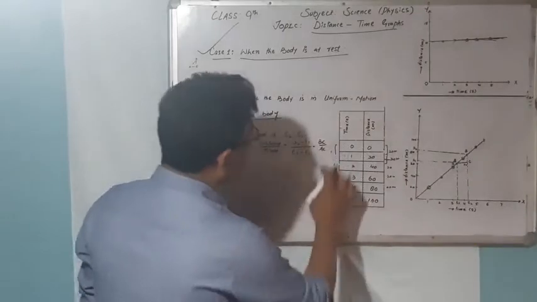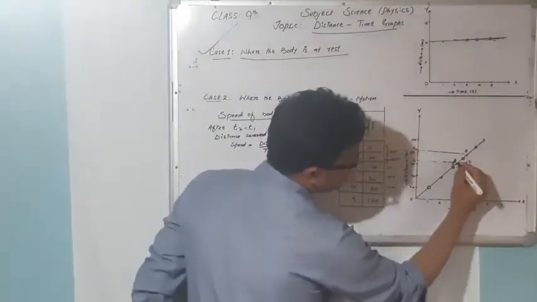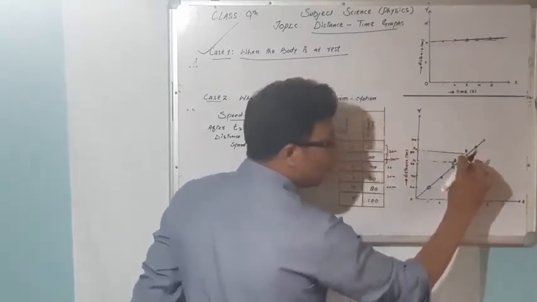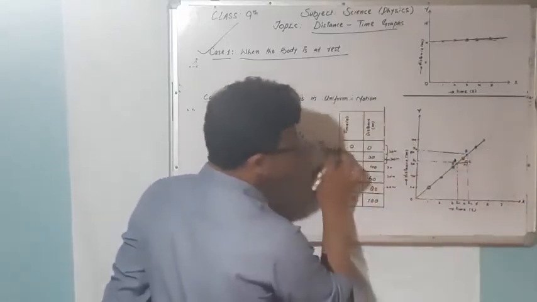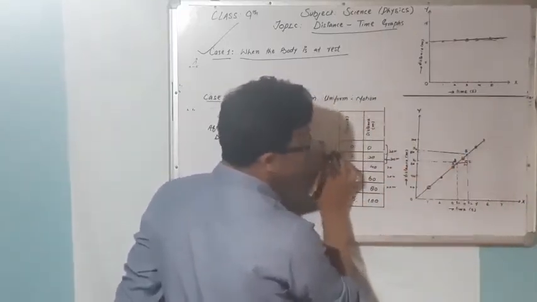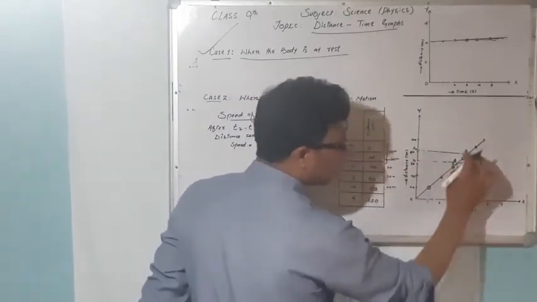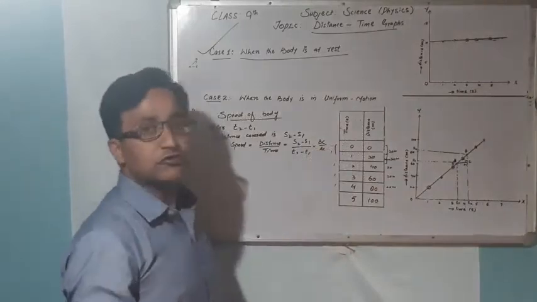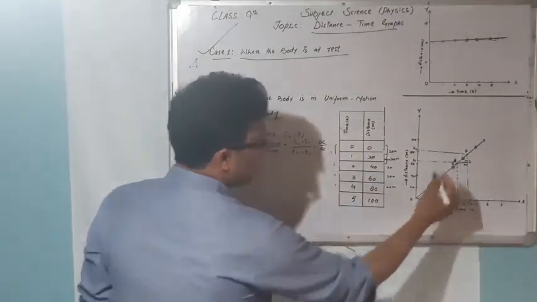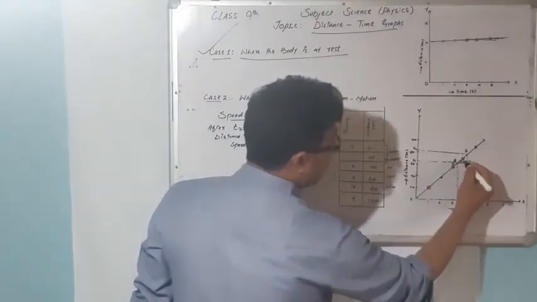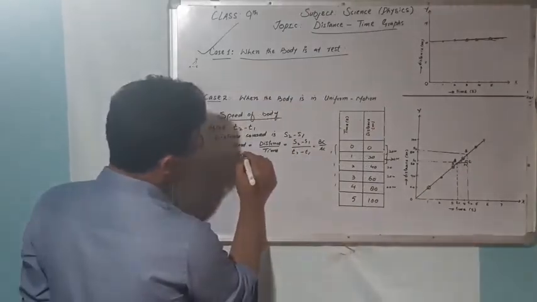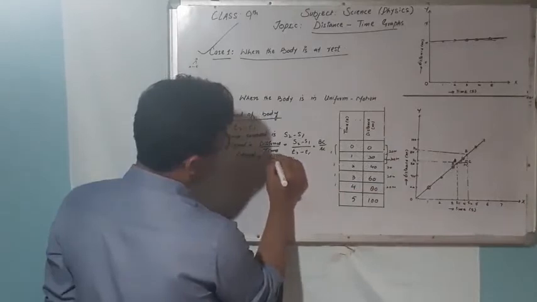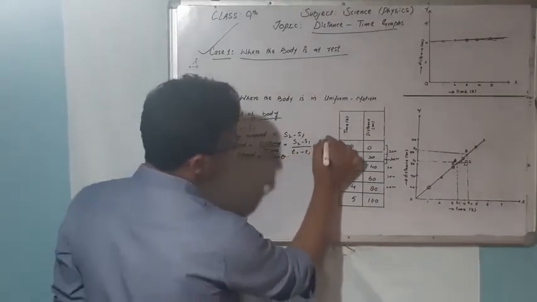Now you know BC, if we join these points, we get a right angle triangle here. BC is the perpendicular and AC is the base of the right angle triangle, and you know perpendicular by base is always equal to tan theta. So here speed is equal to tan theta, that is BC by AC.